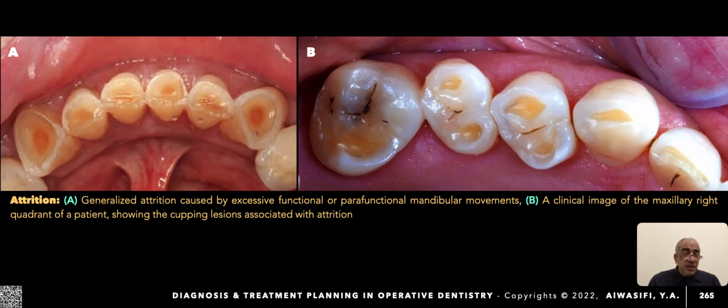Those are cases of generalized attrition related to parafunctional habits of movement at an early age, and the other one shows the cupping lesions associated with attrition in old ages.